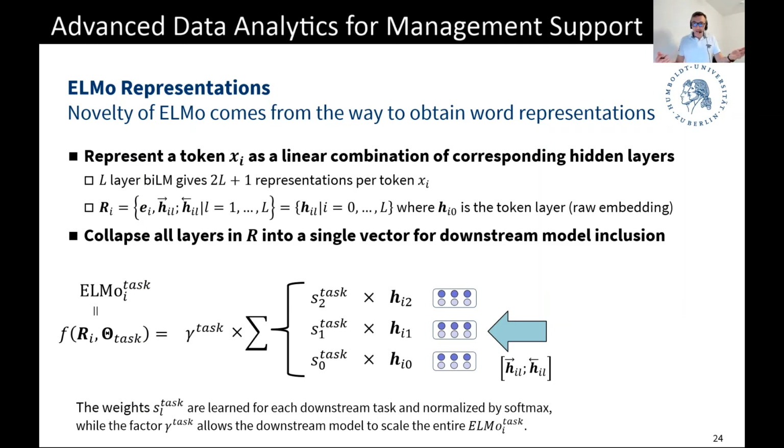In a nutshell, ELMo computes a weighted linear combination of all the embeddings it has produced for a given token or for a given word. Oh, by the way, I did not emphasize that, and at the risk of forgetting, ELMo does not start from a word embedding. Instead, it starts from a subword embedding.